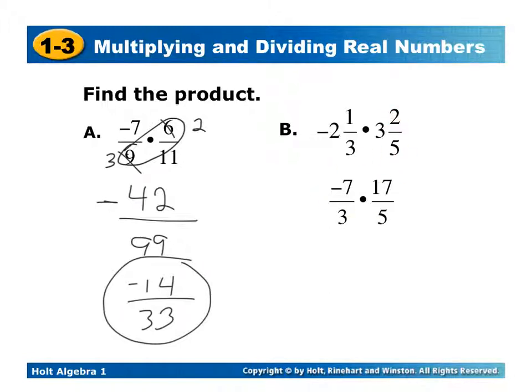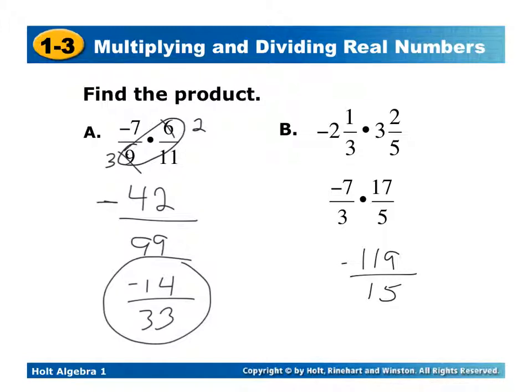Now this time we can't actually do any reducing ahead of time, so we just have to go ahead and multiply straight across. So we're going to do 7 times 17, which gives us 119. Different signs, so it's going to be a negative, and then 3 times 5 is 15.